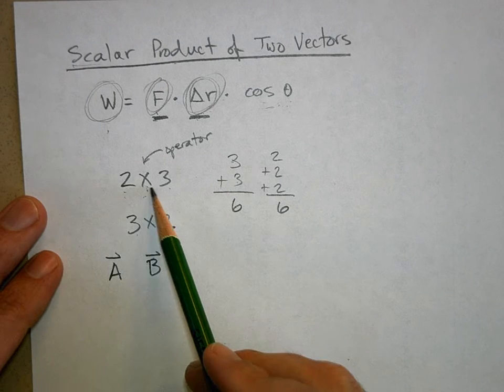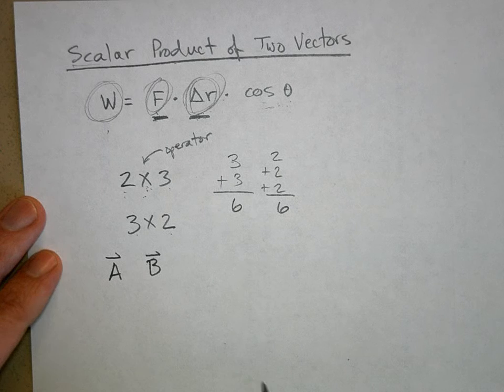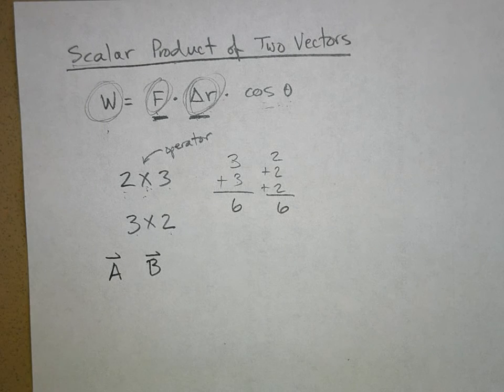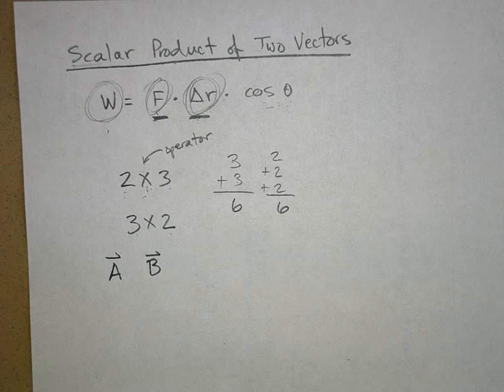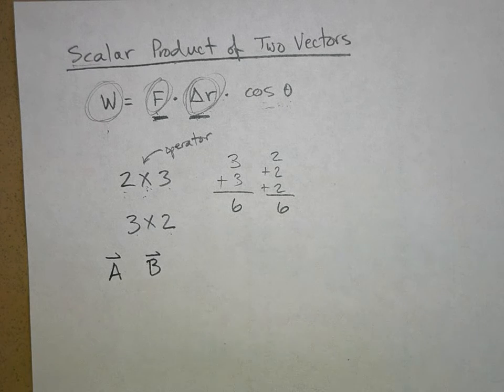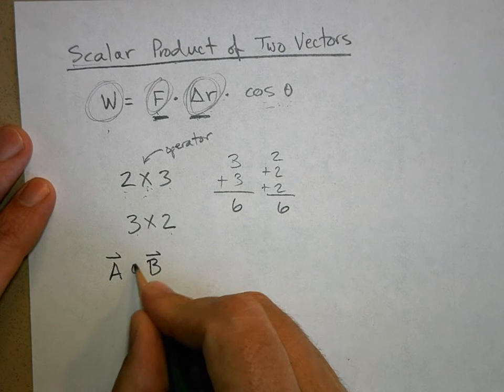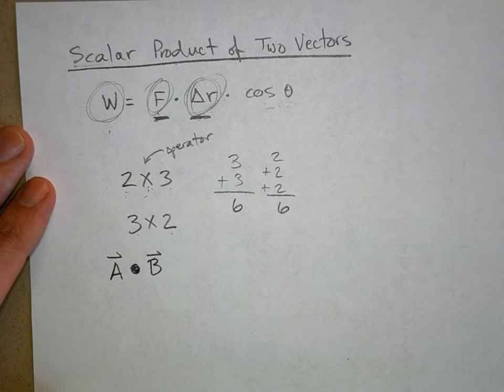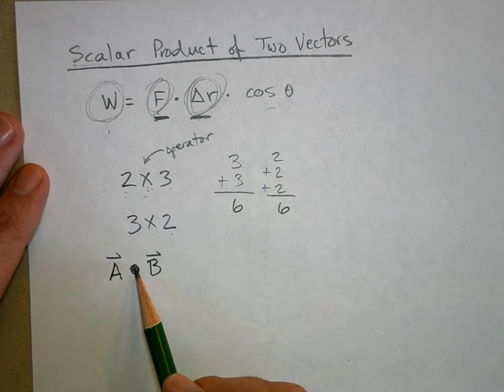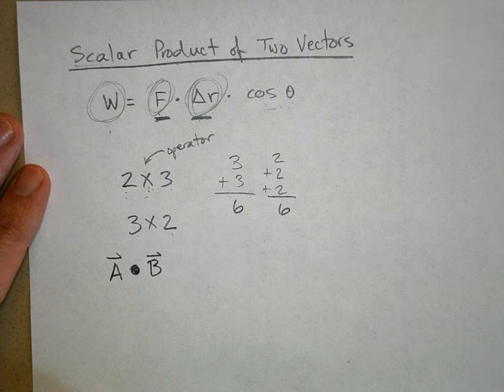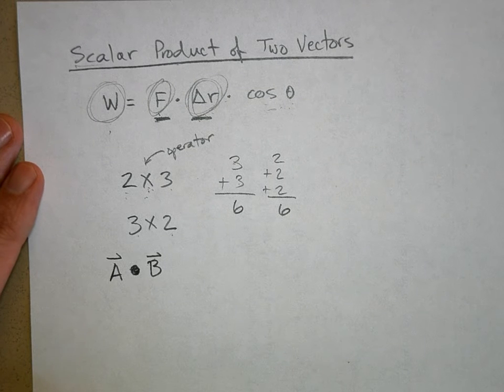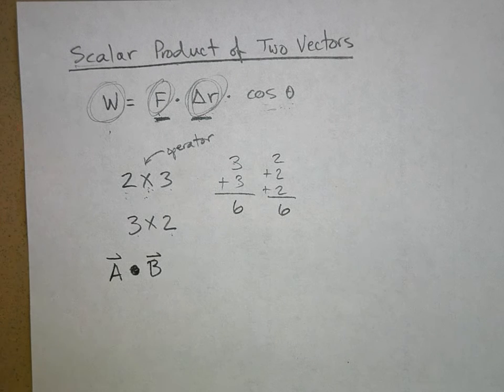We don't want to use this symbol. We're actually going to use it later for what are called cross products. That is, when you multiply two vectors together and you get a vector as an answer. But for the scalar product, what they use is this big fat dot. So quite often, because of the symbol that we use for the operator, they'll call this the dot product. It's more properly called the scalar product.